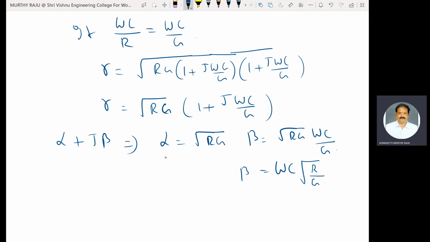In this case also alpha is independent of frequency, beta is dependent. Beta varies linearly with the frequency.